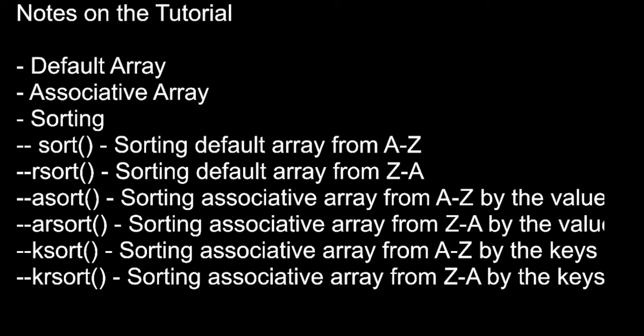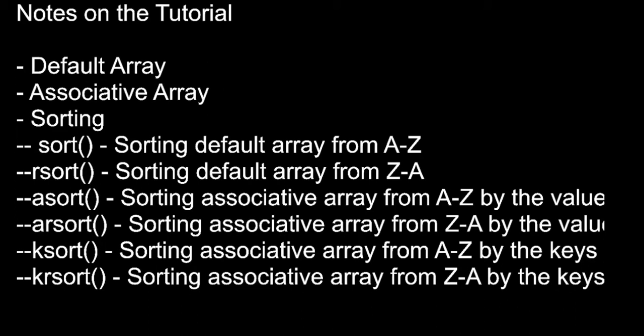In PHP, we have the default array, where the items are normally accessed using the indexing method, but also we have the associative array. In other programming languages, like in Python, you see it as a dictionary. In JavaScript, you see it as an object, which is a mapping of keys to values.